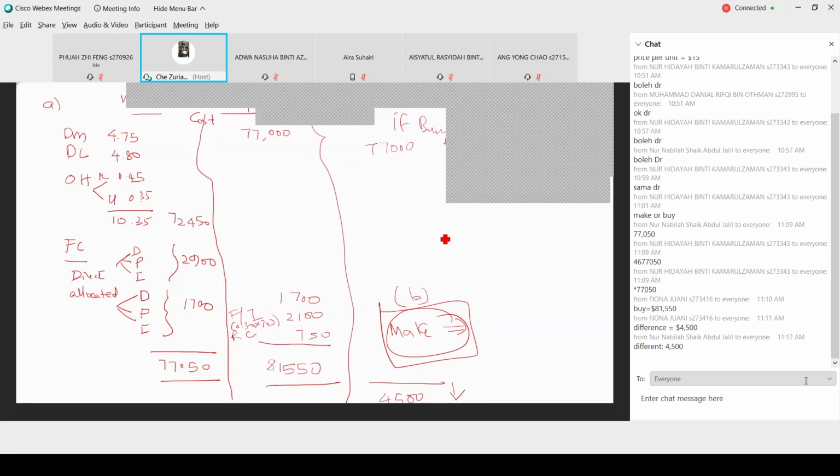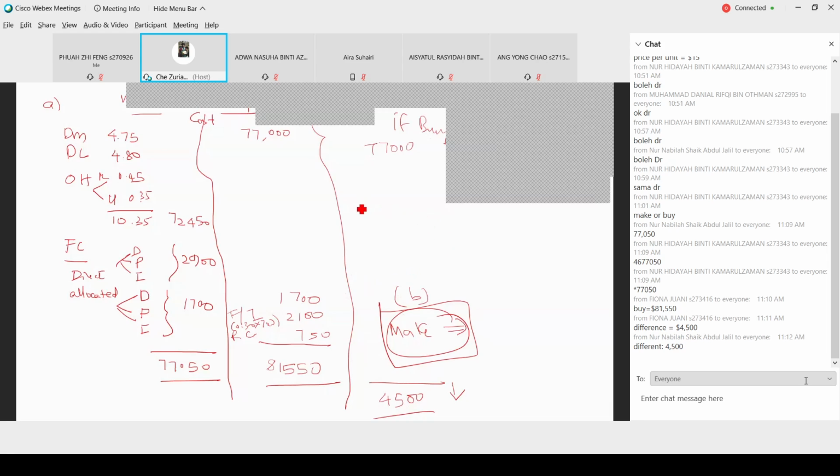But then now, if you make, so maksudnya you, this is the DSC lah, right? If you make and if you buy. If you buy, the cost, if you make, total is 77,550. If you buy, the total cost is 81,550. But if you make, you will have opportunity cost about 5,000. So the cost should be, if you make, 82,550.